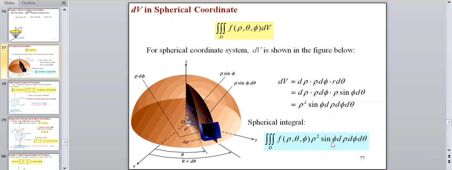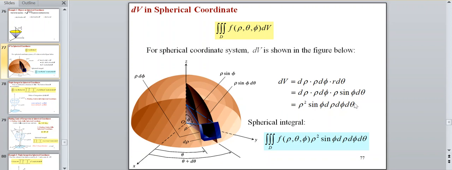Of course this is not the only order, but usually in this course the integral will be set up in this order. So you can see here we have a function of rho, phi, theta. First we integrate with respect to rho, then with respect to phi, then with respect to theta to find the answer.